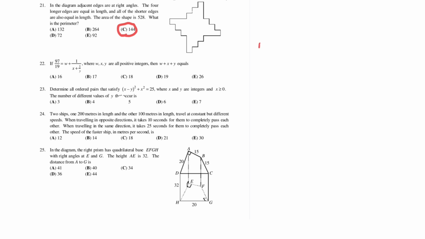Let's write down the equation: 97 over 19 equals w plus 1 over x plus 1 over y.